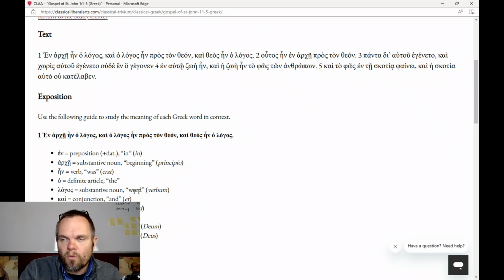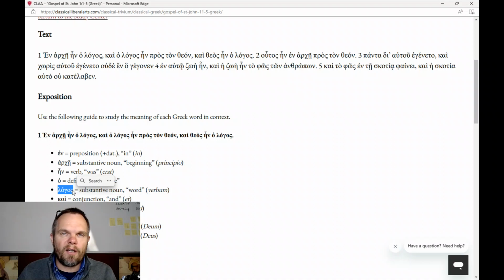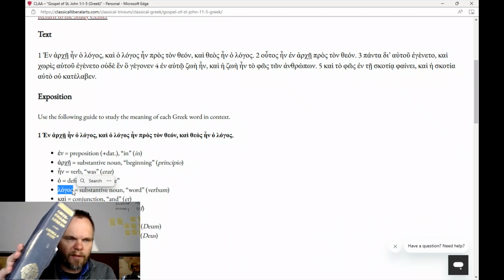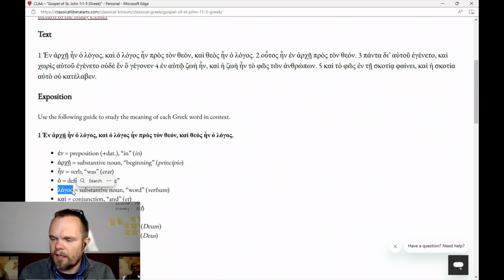Logos means word. Now, logos is a very complicated vocabulary item, so don't think it means word in some simple sense. This is philosophical language, and what I recommend you do with a word like logos is get a reliable Greek dictionary. You can see I've got an old copy of the Liddell and Scott School Greek Lexicon.